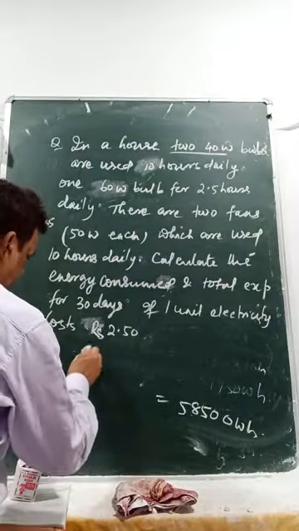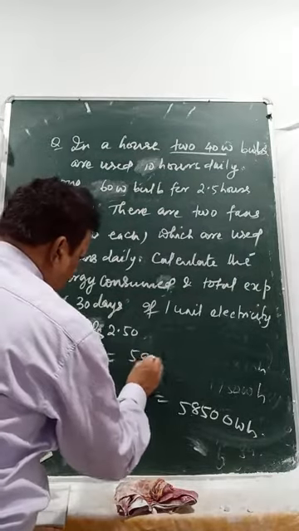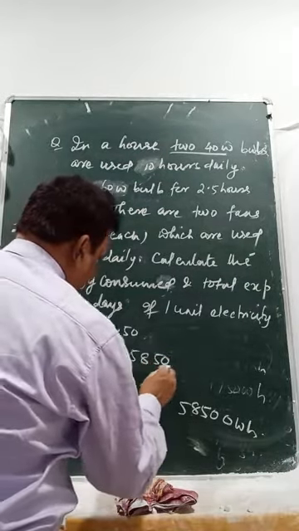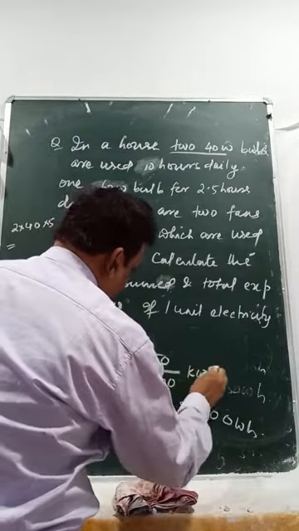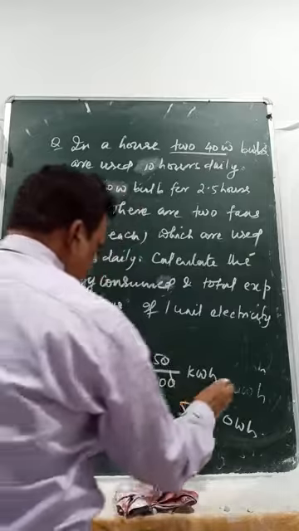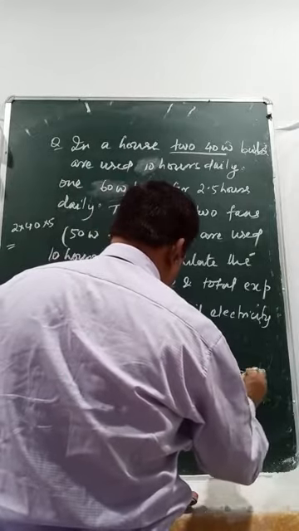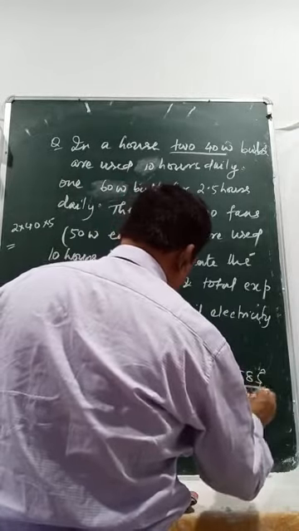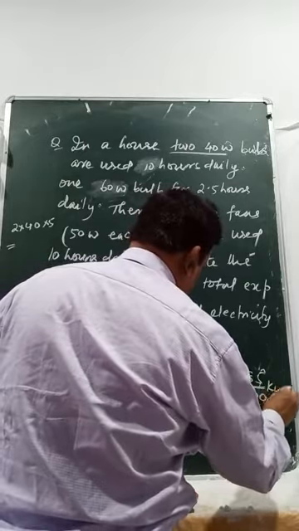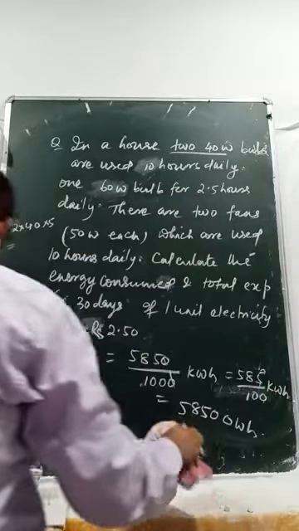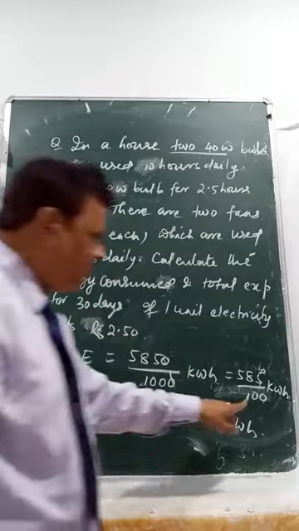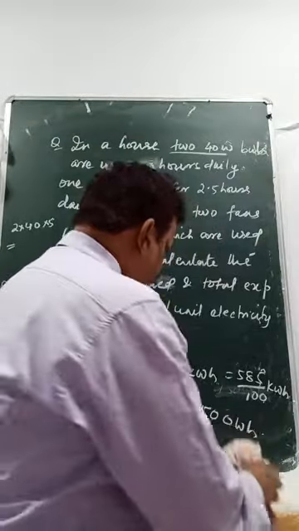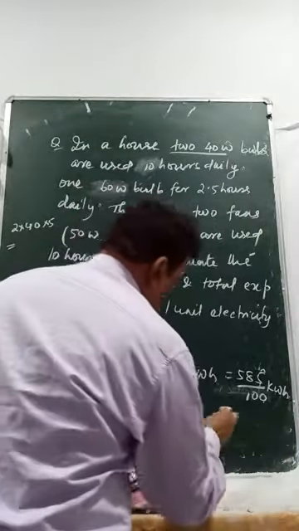So energy equals 46500 divided by 1000 kilowatt hour. So 0s cancel. How much did you get? 46.5 kilowatt hour. Okay. Then 1 kilowatt hour equals 1 unit.